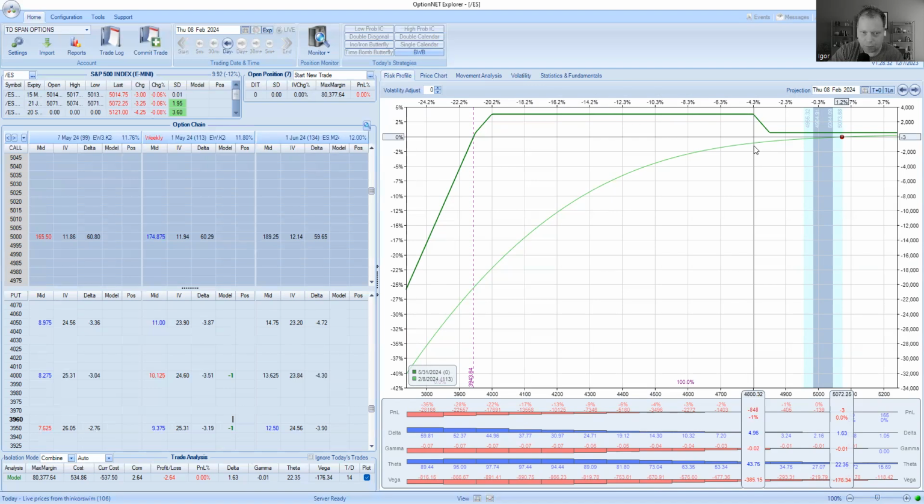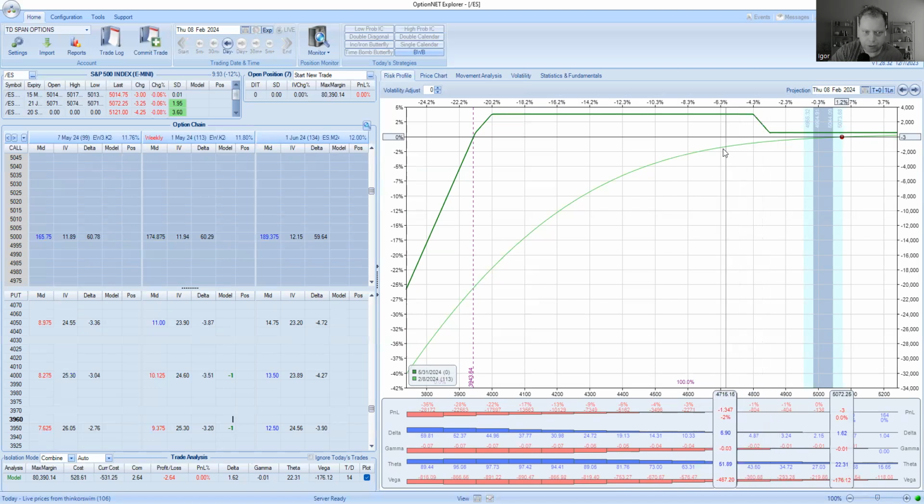If I wanted to remove this delta, I would have to figure out some sort of put debit spread that will give me a net negative delta of 5. So I will totally neutralize my position to put in a speed bump, if you will, just to slow things down a little bit on the downside to see if the market is just going to pull back and then come back up.